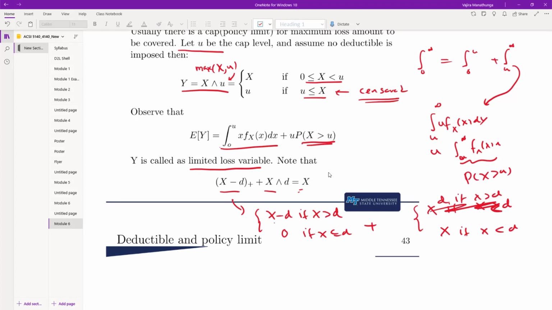So you can see when you add x minus d plus d, it becomes x. 0 plus x becomes x. So basically it's x whether x is more than d or less than d. That's why you will see this relationship.